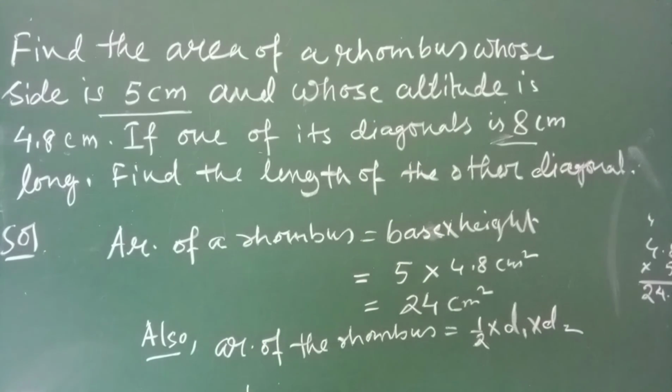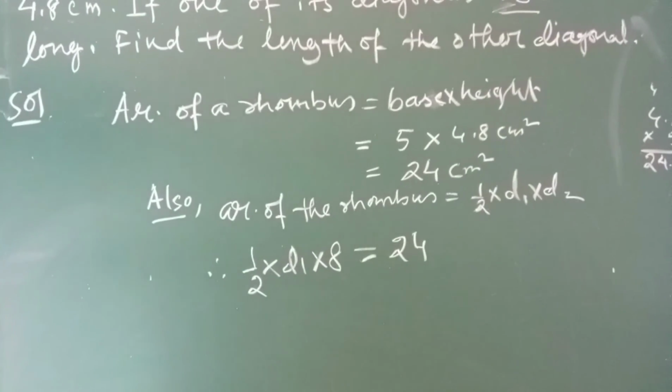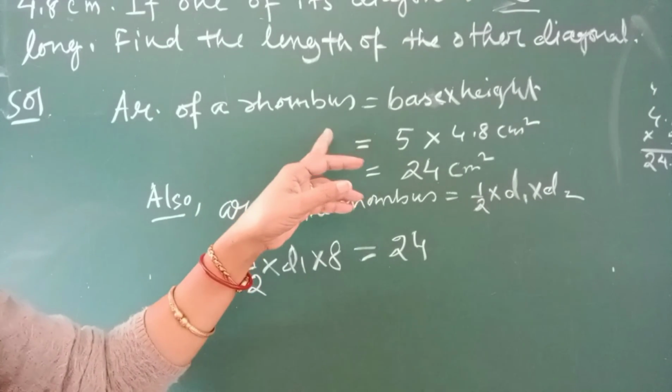Therefore half into 8 into d2 equal to the area of the rhombus, which is 24 centimeter square. The area of the rhombus is given 24 centimeter square. So we can use this now.